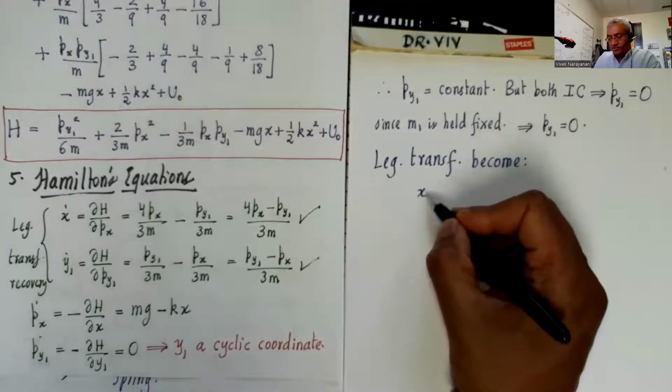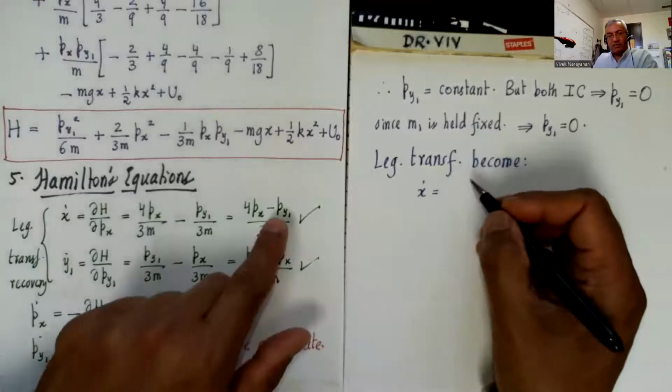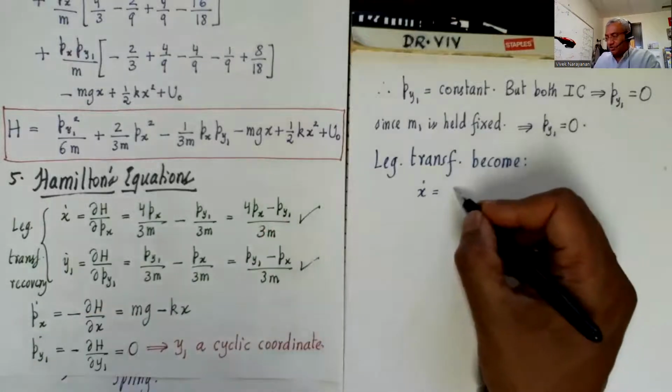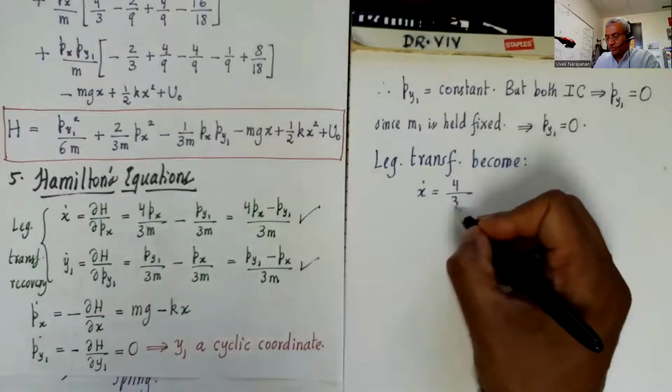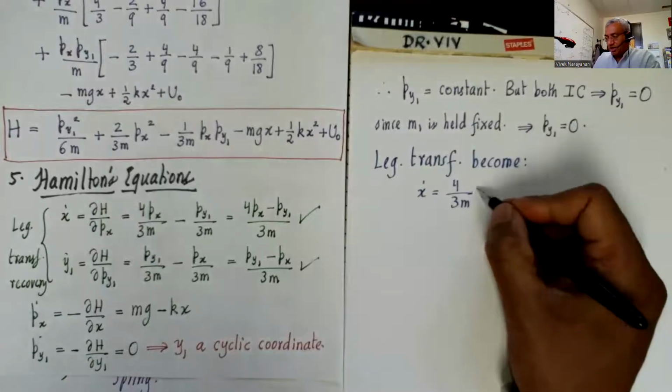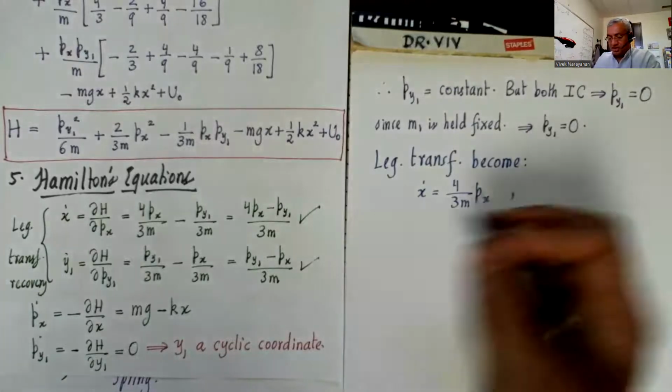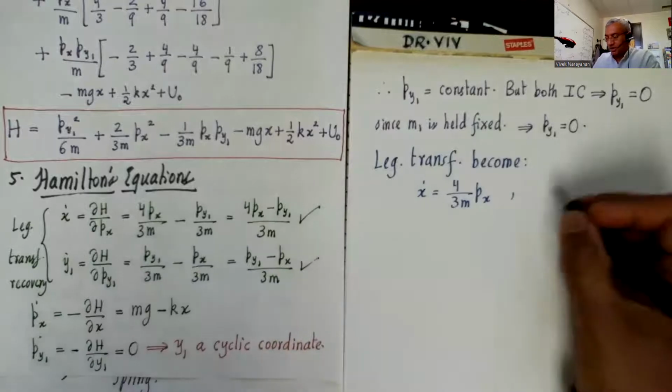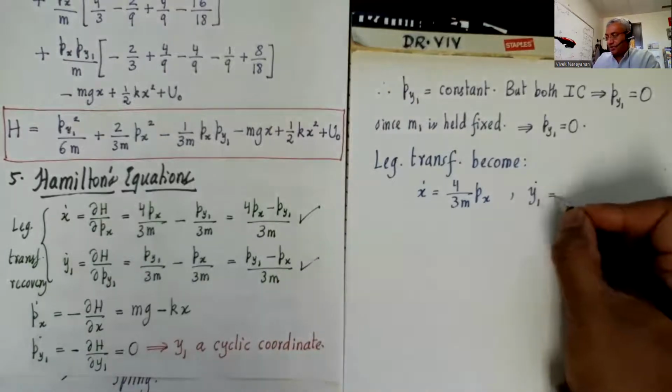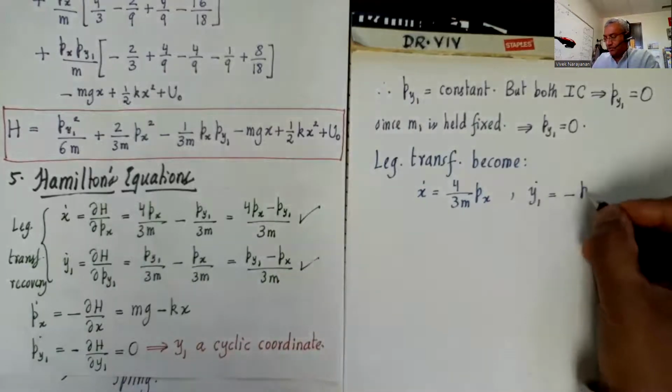X dot is, because Py1 is 0, it's just 4 over 3m px. And the other Legendre transformation is this one. Y1 dot is equal to negative px over 3m.